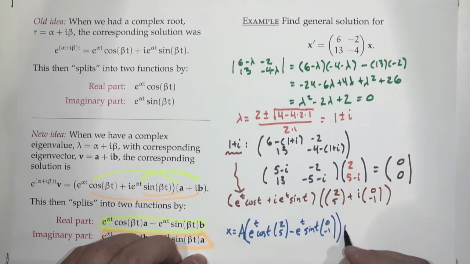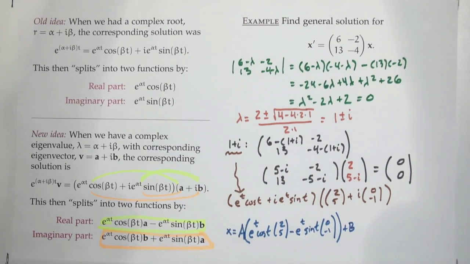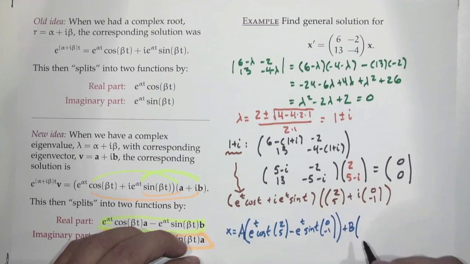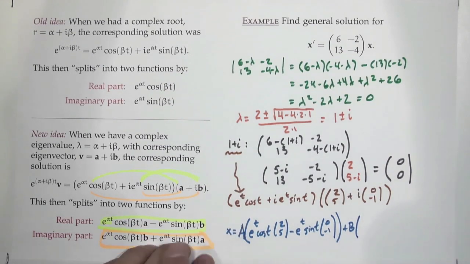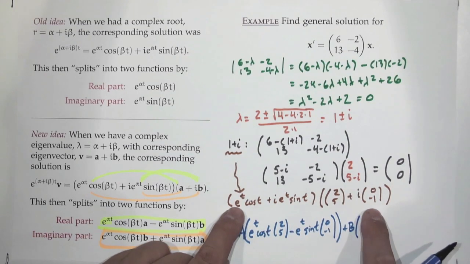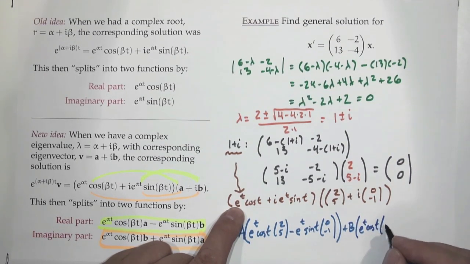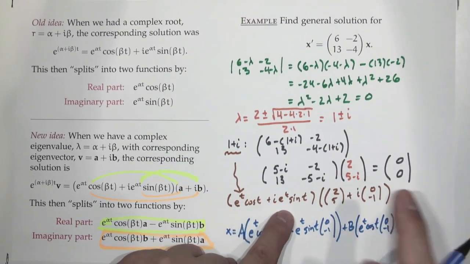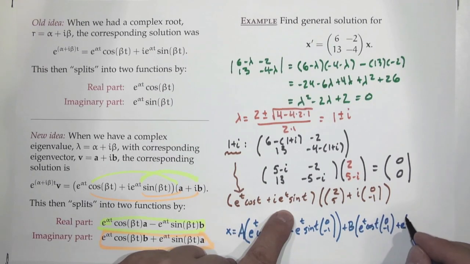That's our first function, plus b, and our second function, the imaginary parts. So e to the t cosine t times 0, minus 1 and e to the t sine t times 2, 5.